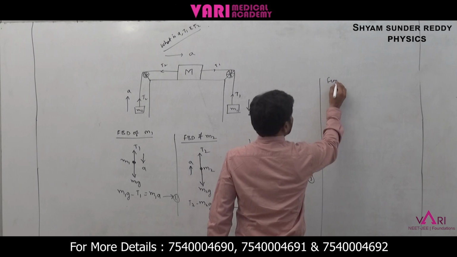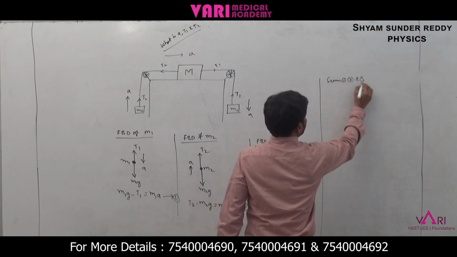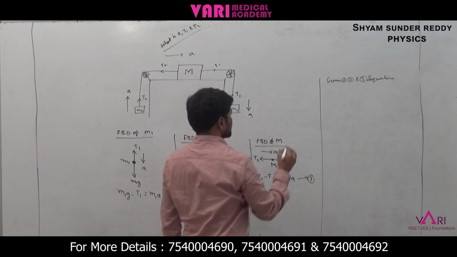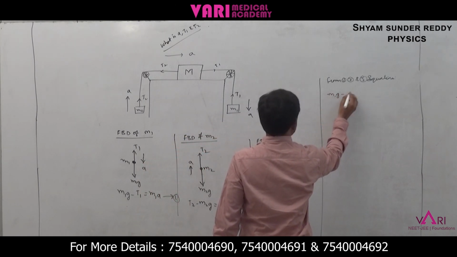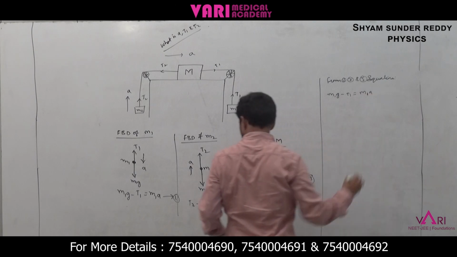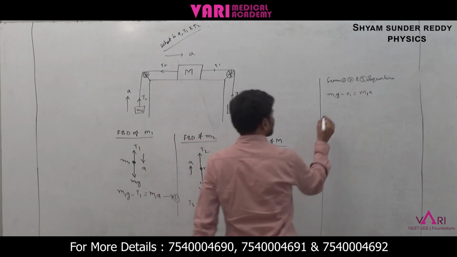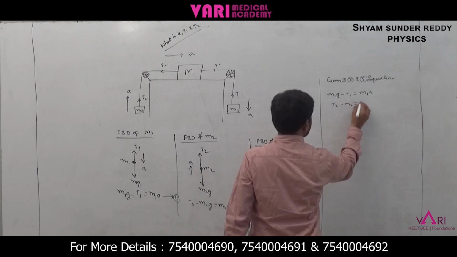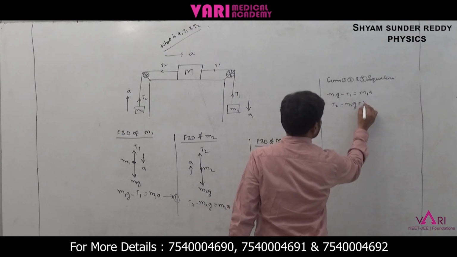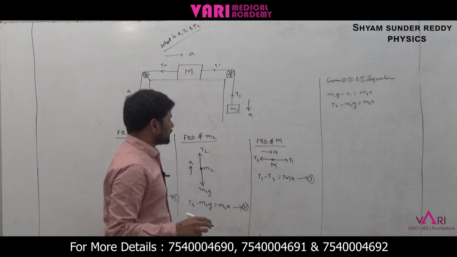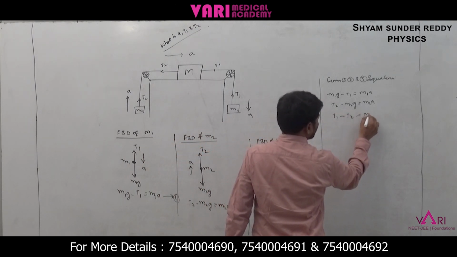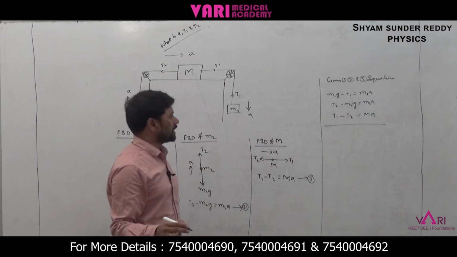From equations 1, 2 and 3, just observe this: m1g minus T1 is equal to m1a, T2 minus m2g is equal to m2a, and finally T1 minus T2 is equal to MA. Add the three equations.